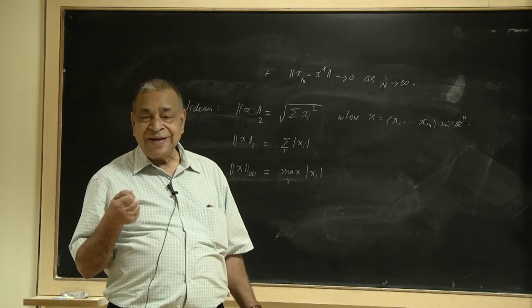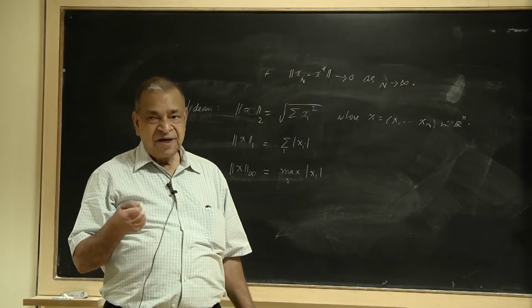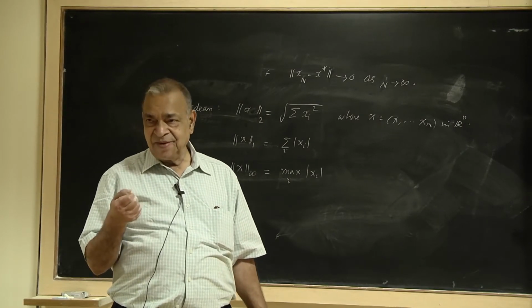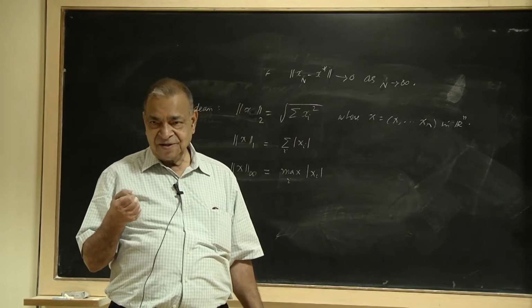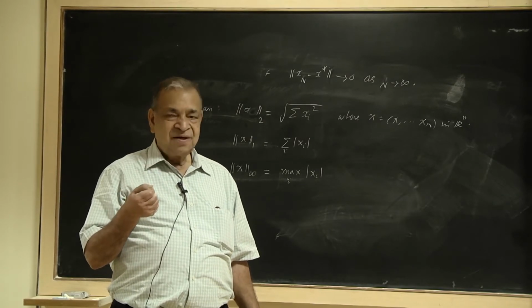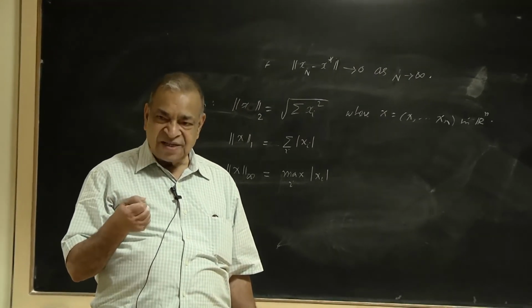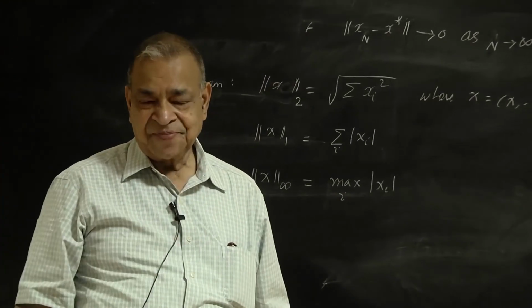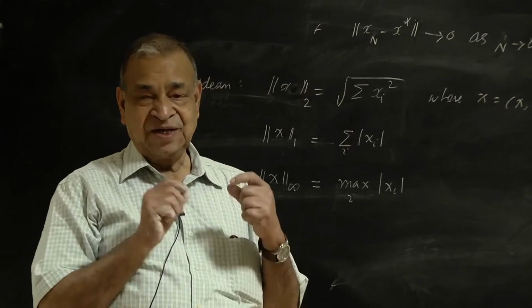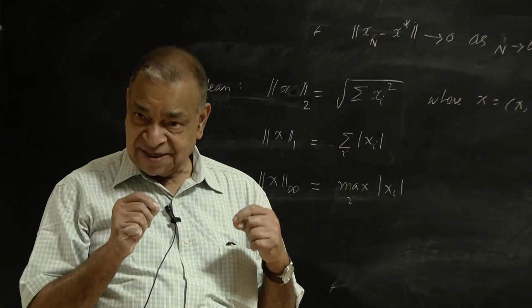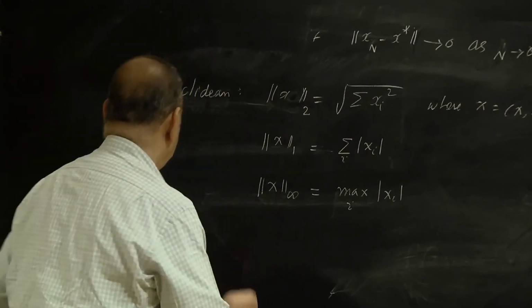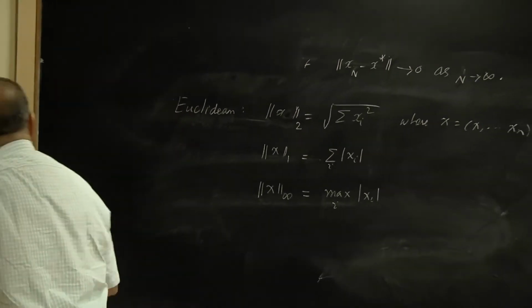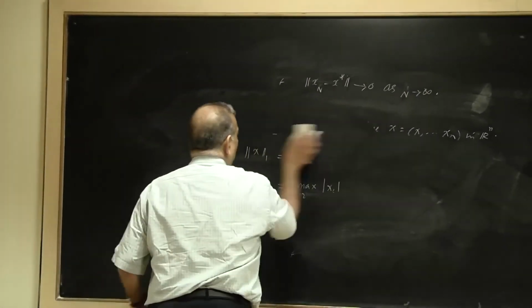You are quite happy if there is a point x star whose image f of x star is close to it. Even though when it is a fixed point, it must be exactly 0. Namely, let me write down.